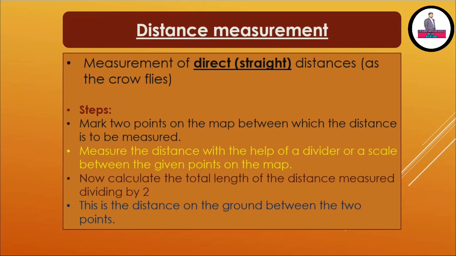So when we measure with the scale on the map, it will be coming in centimeter, and that has to be converted into kilometer. For that you need to divide by 2. If it is coming 10 centimeter, it will be divided by 2, giving 5 kilometer. So this is the distance on the ground between the 2 points.